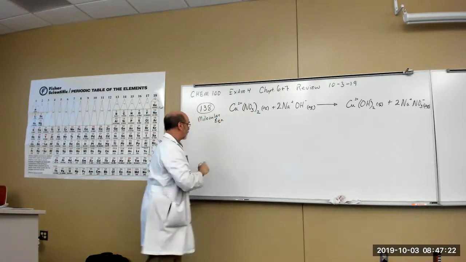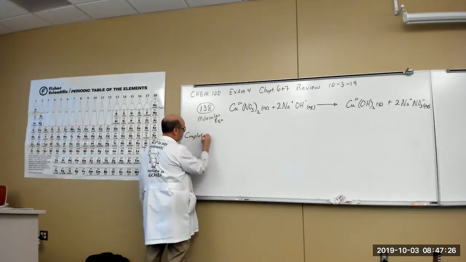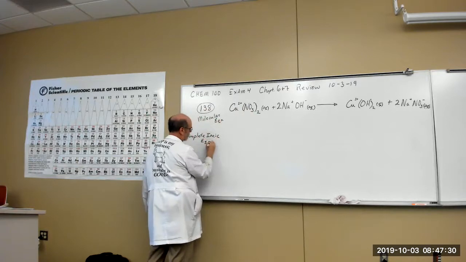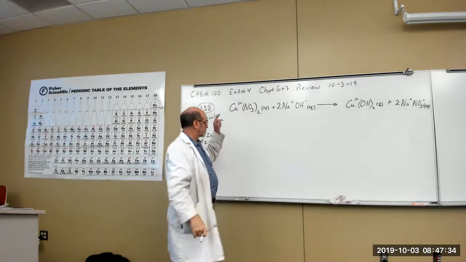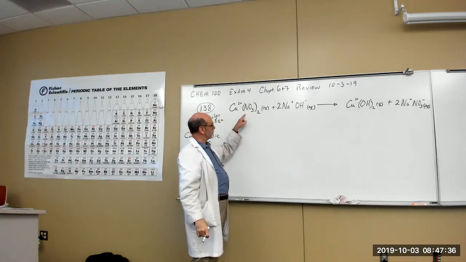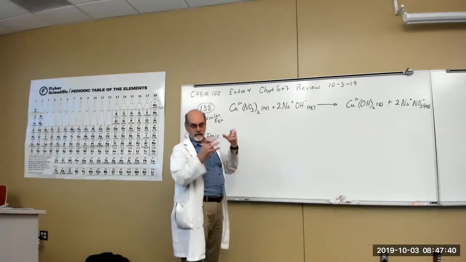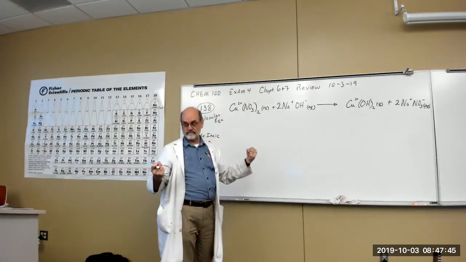Okay, now we want to write the complete ionic equation. That comes from recognizing that in solution, those are not compounds that hold together. In solution, they're separate ions, right?